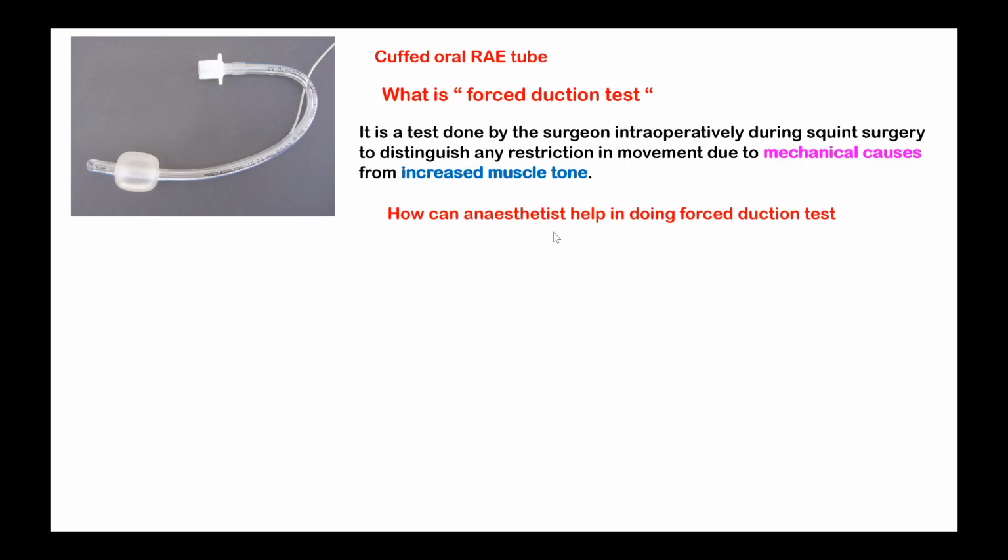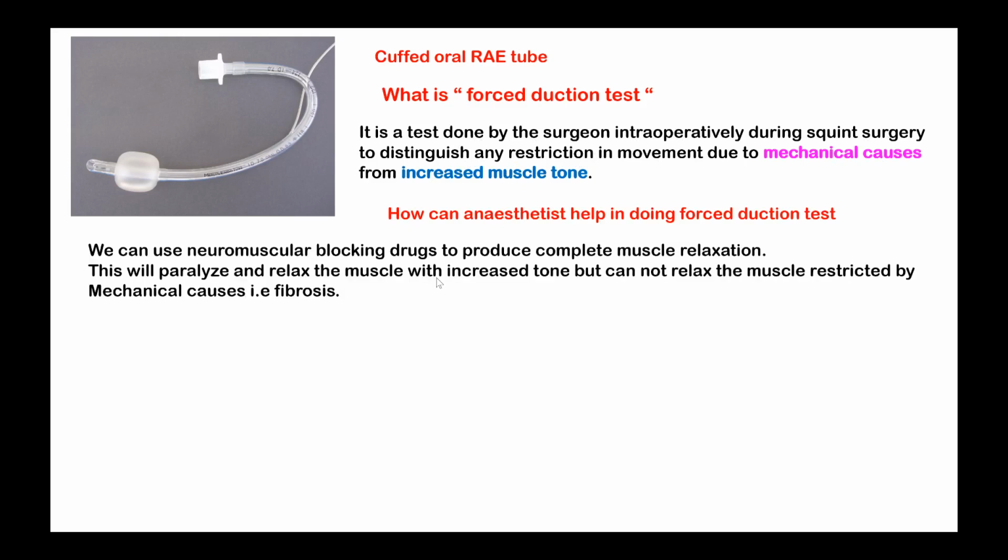How can anesthetics help when the surgeon is doing the forced duction test? You can use neuromuscular blocking drugs to produce complete muscle relaxation. This will paralyze and relax the muscles with increased tone, but it cannot relax muscles restricted by mechanical causes like fibrosis. Okay? So that is how you can find it.